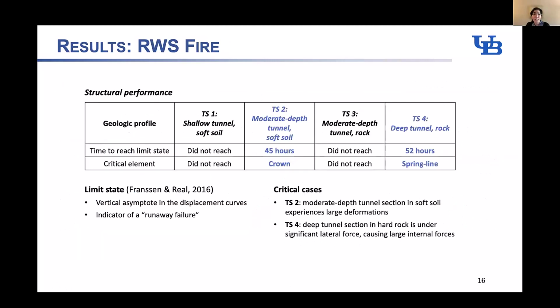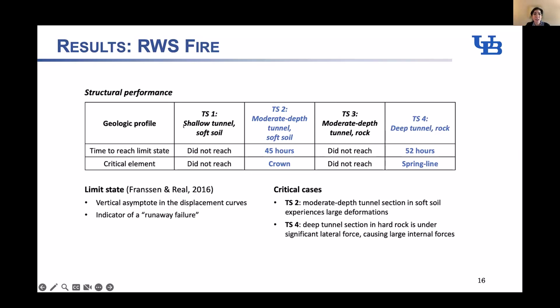Now, we analyzed these 4 tunnel sections for 100 hours of RWS fire, because we got this question from the fire department. I know it's 1:51, so I'll be done in like 2 minutes. Thank you. The fire department asked us, for safety, because tunnel fires can go for hours, how many hours can we assume there is probably no collapse, so that we can get the fire crew in and so on.